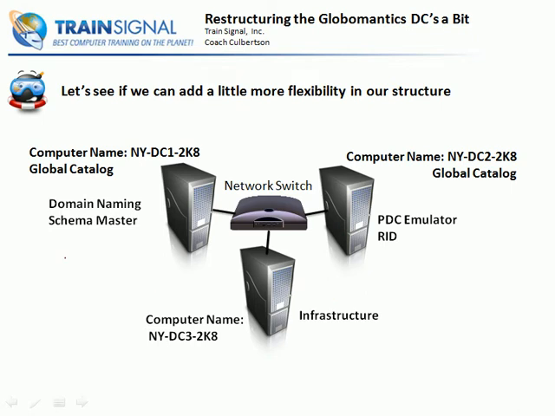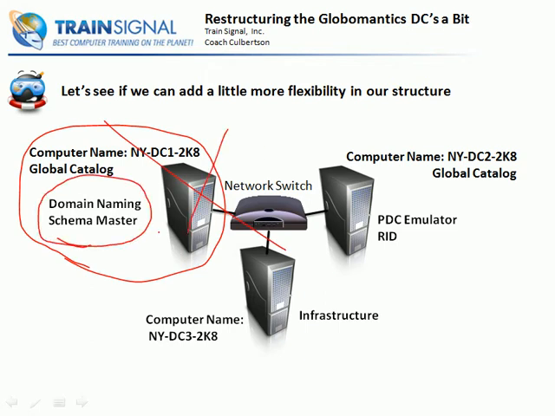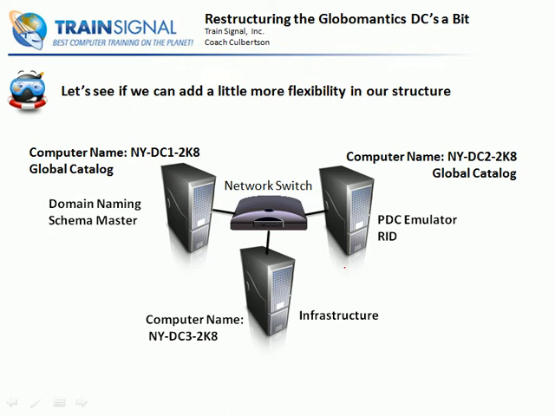Now, same thing for this guy, okay? The domain naming and schema master is living over here. And let's say this guy goes down, right? Not a big deal. We can take these 2 masters and put them over here, or we could put them over here. So what we're doing is planning for failure. We're planning for one of these things to blow up. Now, hopefully, they'll never blow up.